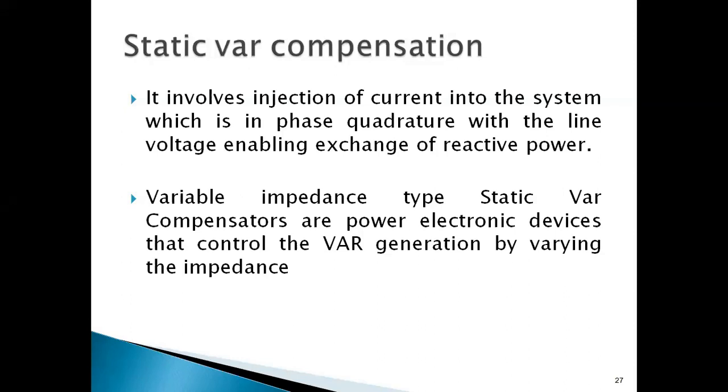So we can exchange reactive power, both generation as well as absorption. In phase means real power. Variable impedance type static var compensators are power electronic devices that can control reactive power generation by varying the impedance. That's why we call it a variable impedance type static var compensator.